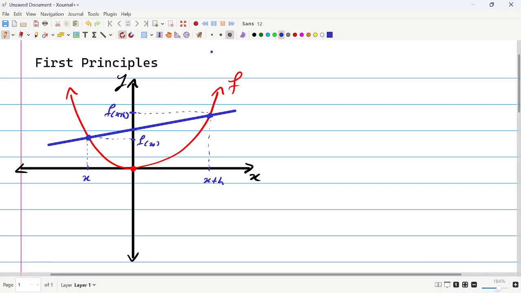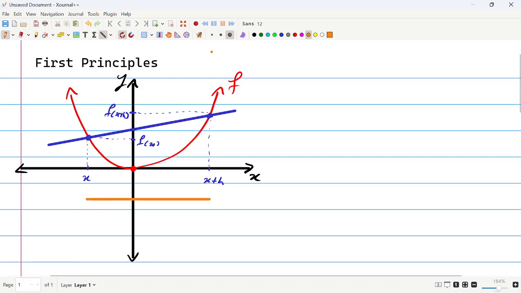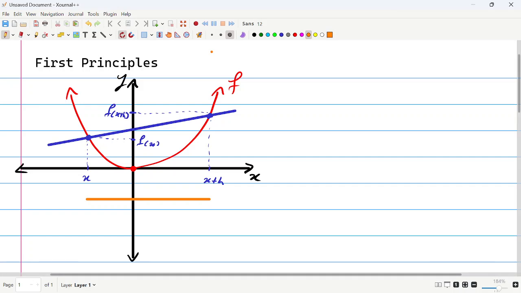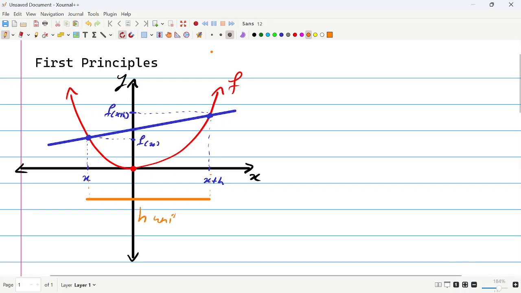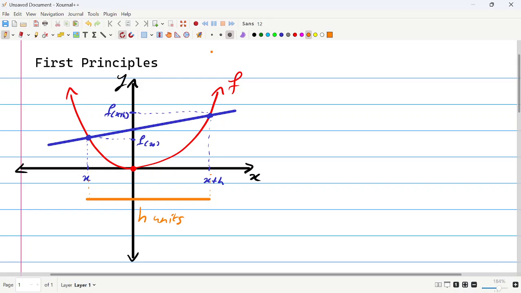But now what I want you to focus on is what happens. Clearly this is the distance from x to x plus h, which is just h units. So this is h units apart from each other.